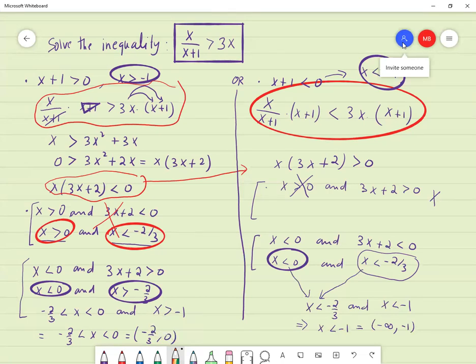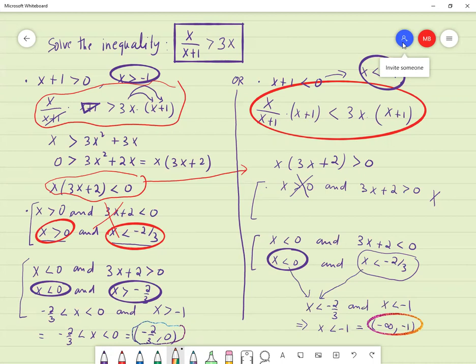For x plus 1 positive, we get the solution is this right here. And for x plus 1 less than 0, we got this as a solution. And the solution is this or this.